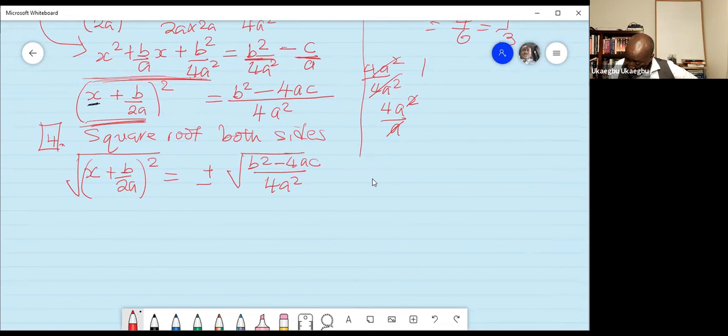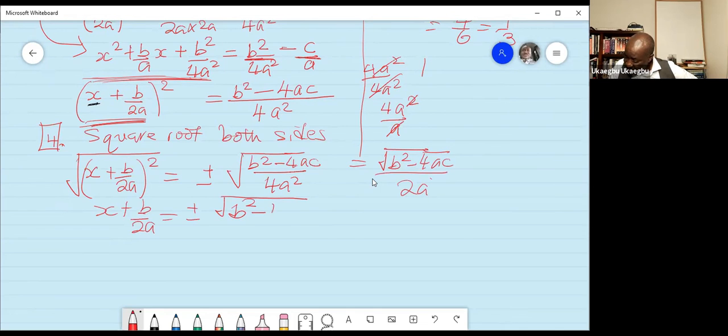If you square root this number, you are going to get the same number inside. So just write x plus b over 2a is equal to plus or minus. Then you can square root the numerator and square root the denominator. The square root of the numerator gives you the square root of b squared minus 4ac. The square root of the denominator gives you 2a.